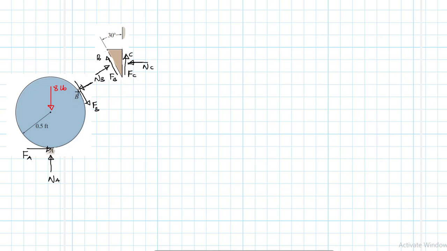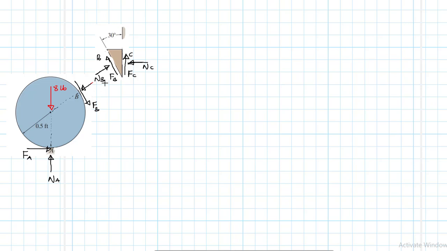We should remember the laws that govern this normal force. This normal force goes through the center of our cylinder, and even Na also goes through the center of the cylinder. Then we have some angles that we need to mind.